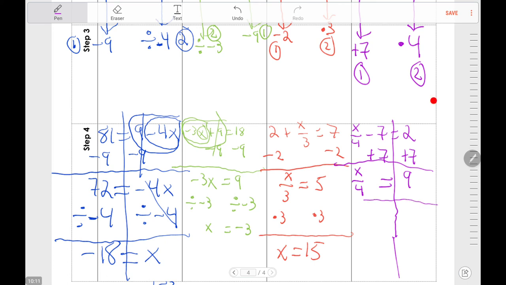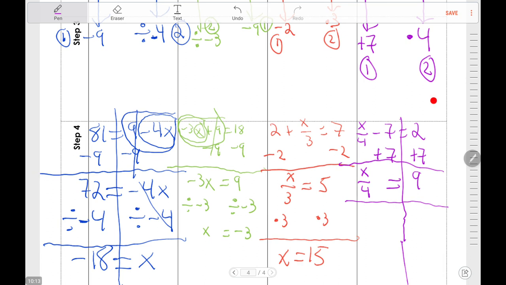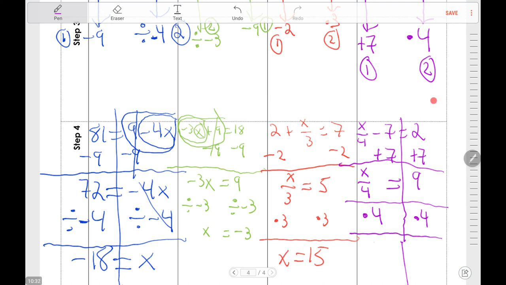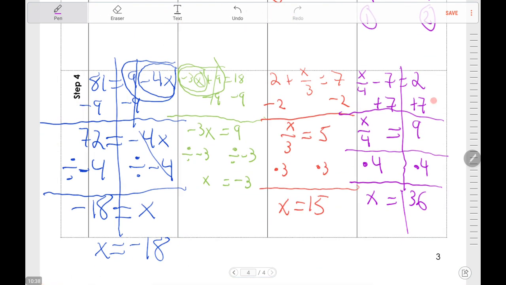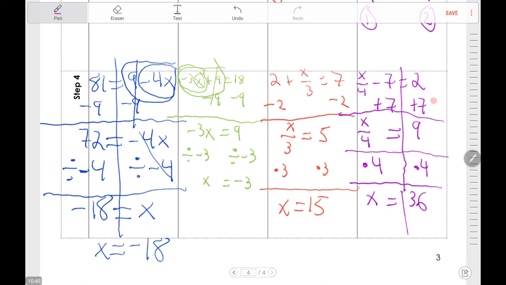Okay, great. What's the next step? We said it before. We said times 4, times 4. So what do we have in the end? We have x equals 36. And that's it. Good luck. Best of luck.